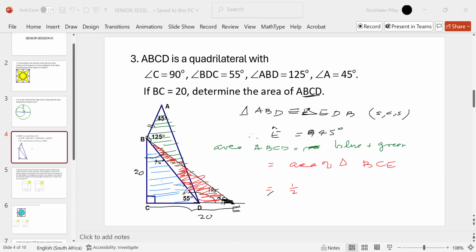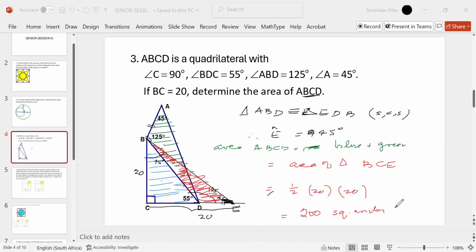So if you work out half base, which is 20, times the height, because now we know the sides of this, that's the area: 200 square units.